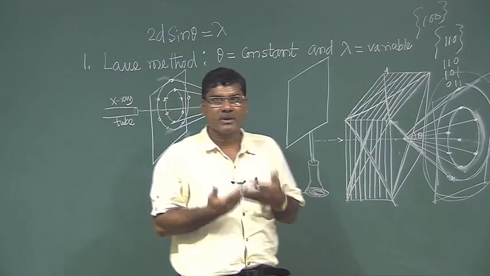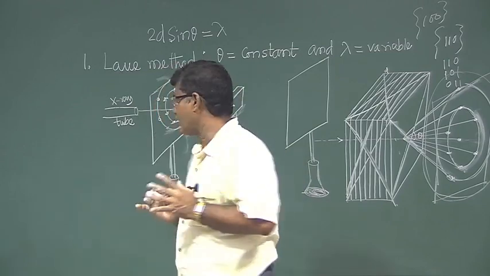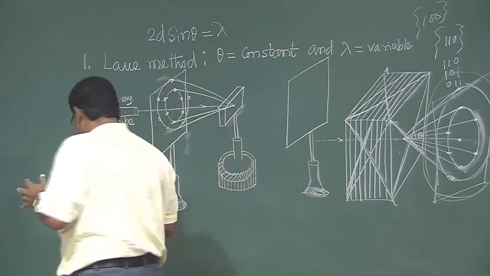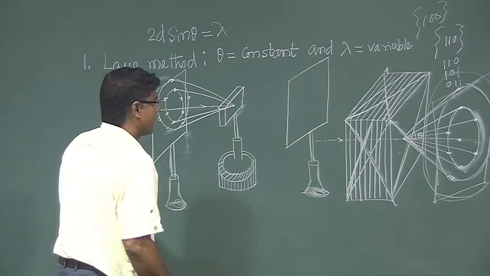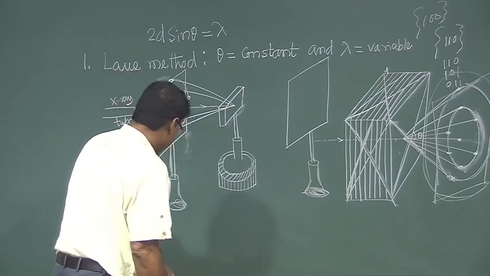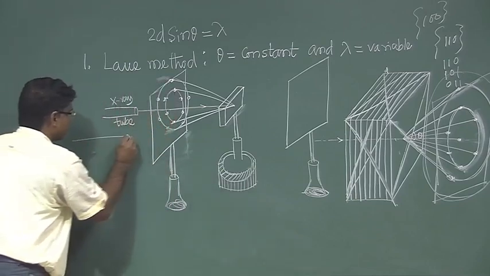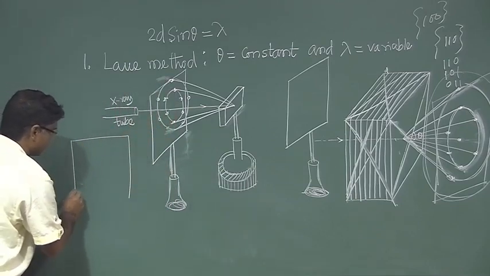So in the Laue method, on the X-ray plate, what will you get? This is the X-ray plate.